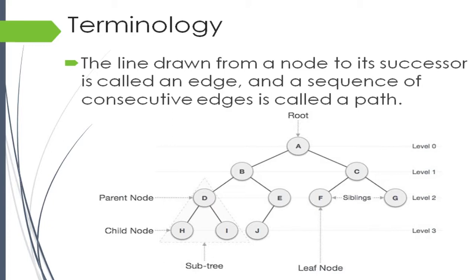A sequence of consecutive edges is called a path. For example, A to B, B to D, D to H. All these edges connected in sequence are called a path. So the path is A to B, B to D and D to H. This is a path.